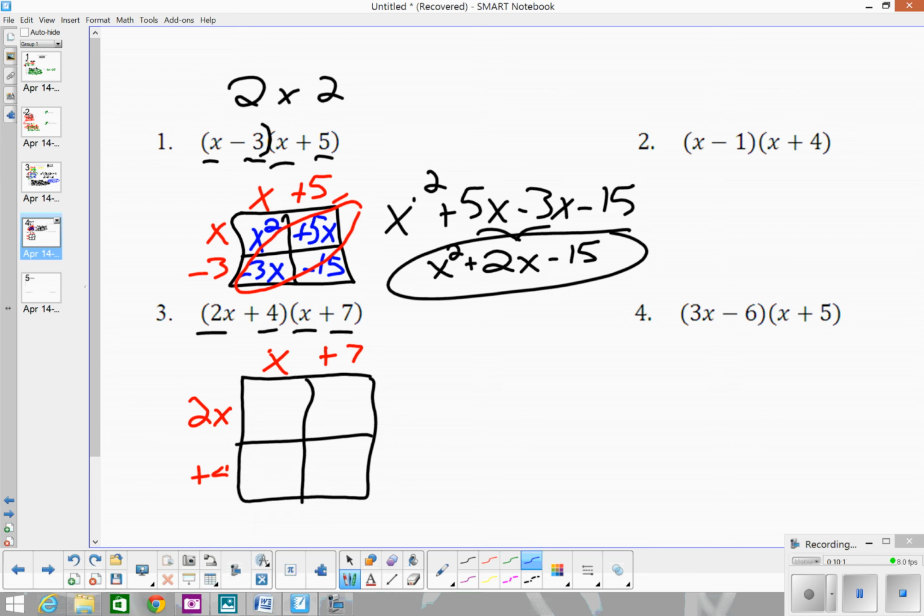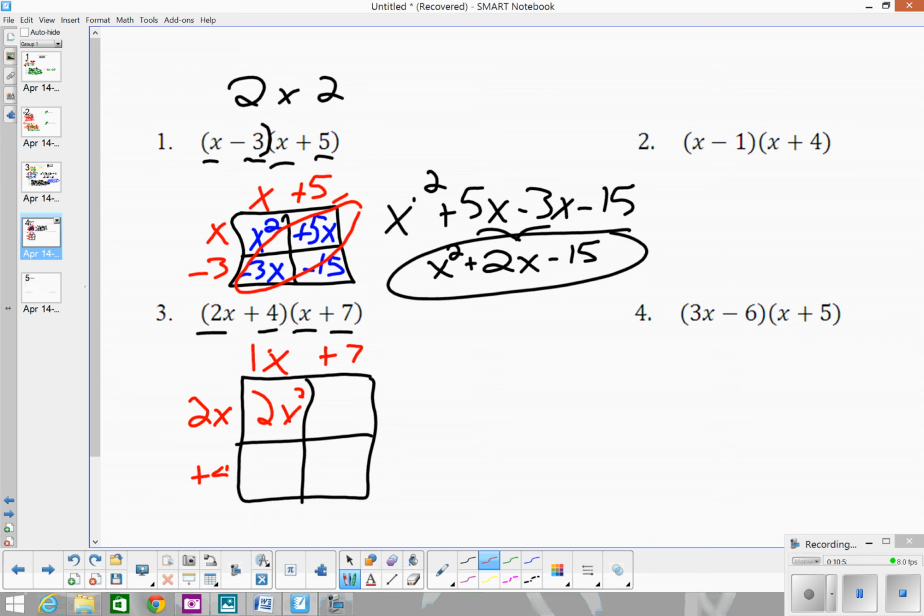So 2x times x. Now remember, multiply the coefficients. 2 times 1 is going to be 2. Then I have x times x, which is x squared. Now find the area of the next box.